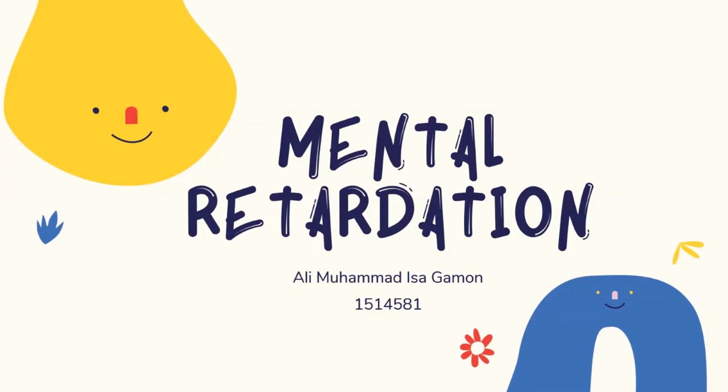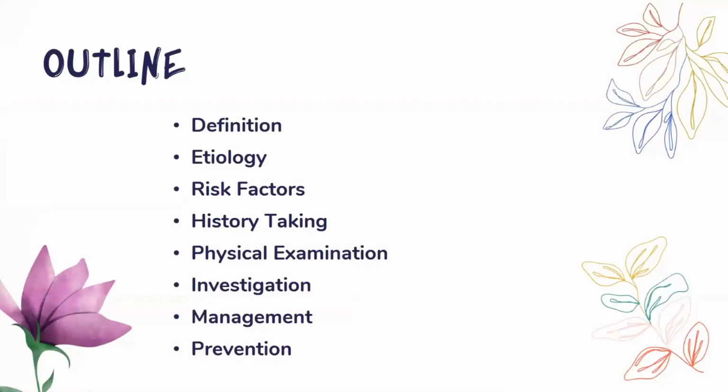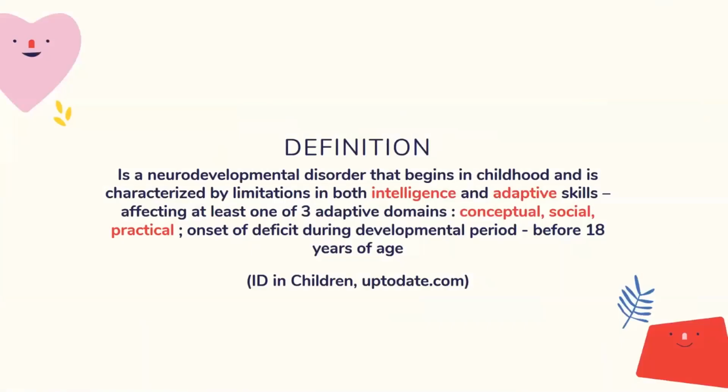My name is Ali Muhammad Isa. I'll be presenting the topic I was given, mental retardation. Can you hear me? The term mental retardation was introduced in DSM-2, however, it is no longer used internationally right now, as changes have been made.